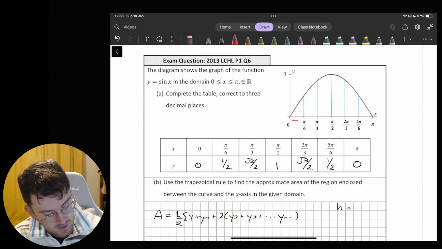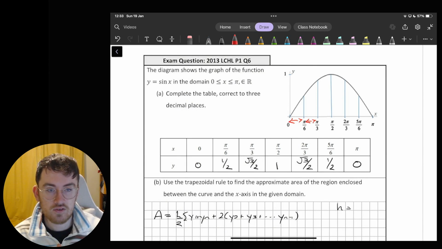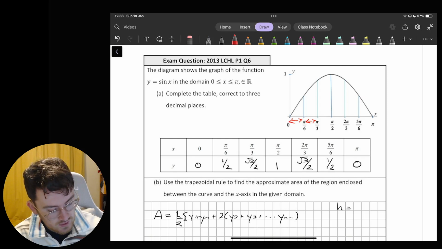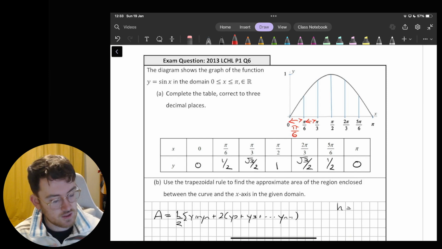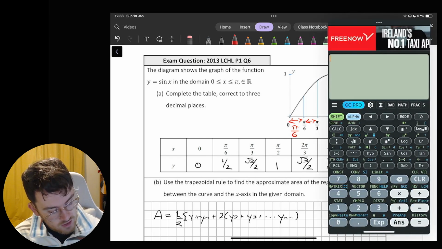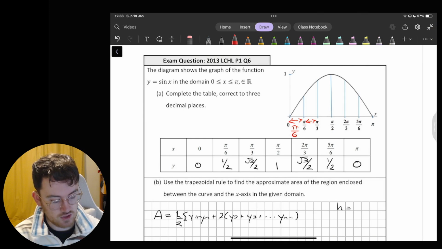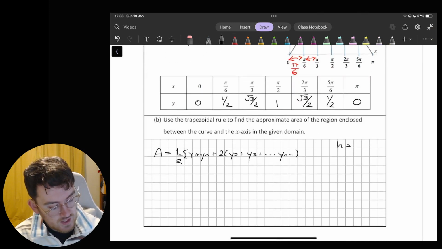Looking at this function, the best place to look is from 0 to the first interval, and the width of the interval is pi over 6. We can double check with a later value: pi over 3 minus pi over 6 gives the distance between the two, which is just pi over 6. So my value for h, my interval width, is pi over 6.